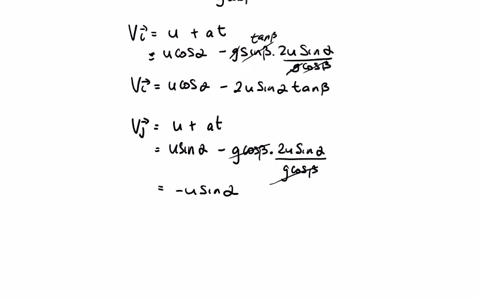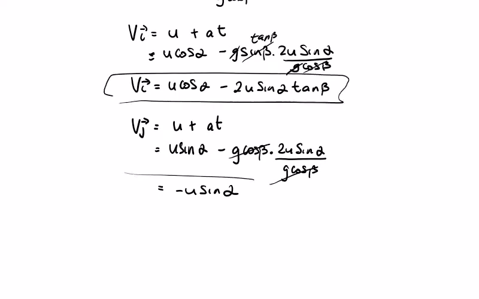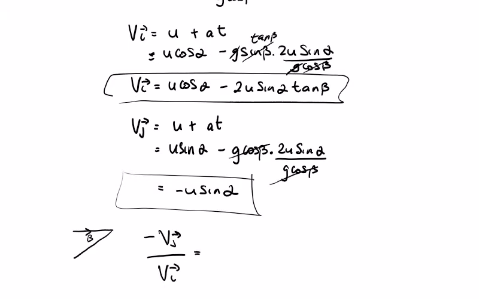And the landing angle, so we have our v of i and our v of j. The landing angle, if it's horizontal, as we said, that's going to be the beta in there. So minus the velocity of j over the velocity of i is equal to the tan of that landing angle, the tan of beta.